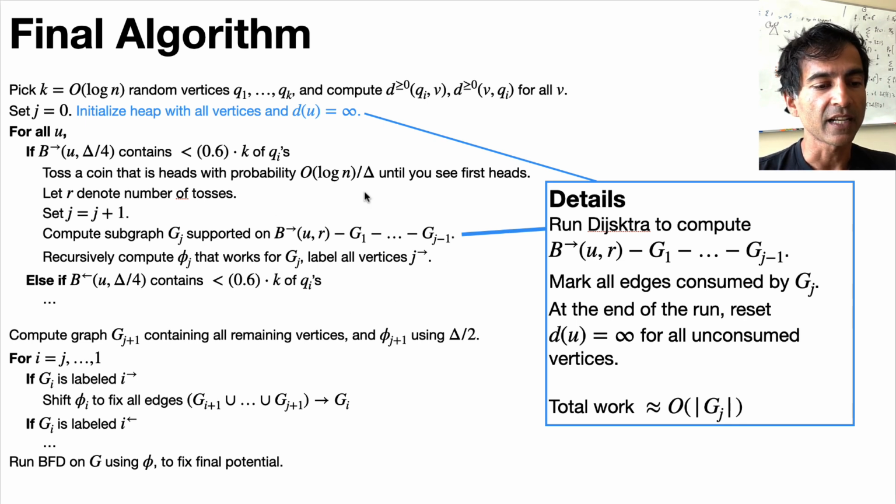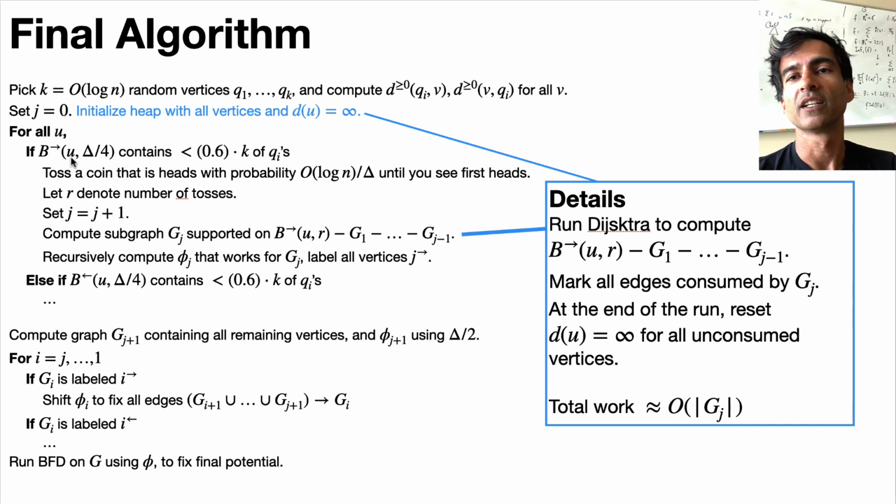A nice way to do it is, before the algorithm starts, initialize the heap that will be used for Dijkstra's algorithm with all distances set to infinity. And the first time you try to find this ball, you run Dijkstra's algorithm with this vertex u set as the start vertex. So you set its d value to be 0, and run Dijkstra's algorithm to find the vertices in the radius delta over 4.